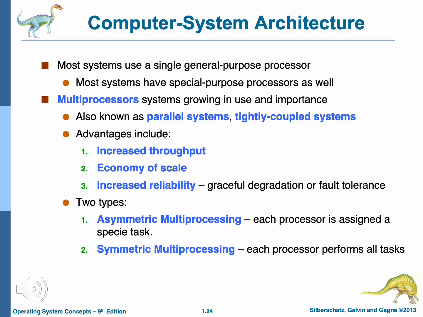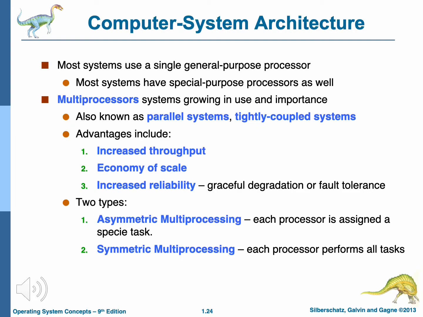Multiprocessor systems first prominently appeared in servers and have since migrated to desktop and laptop systems. Recently, multiple processors have appeared on mobile devices such as smartphones and tablet computers.